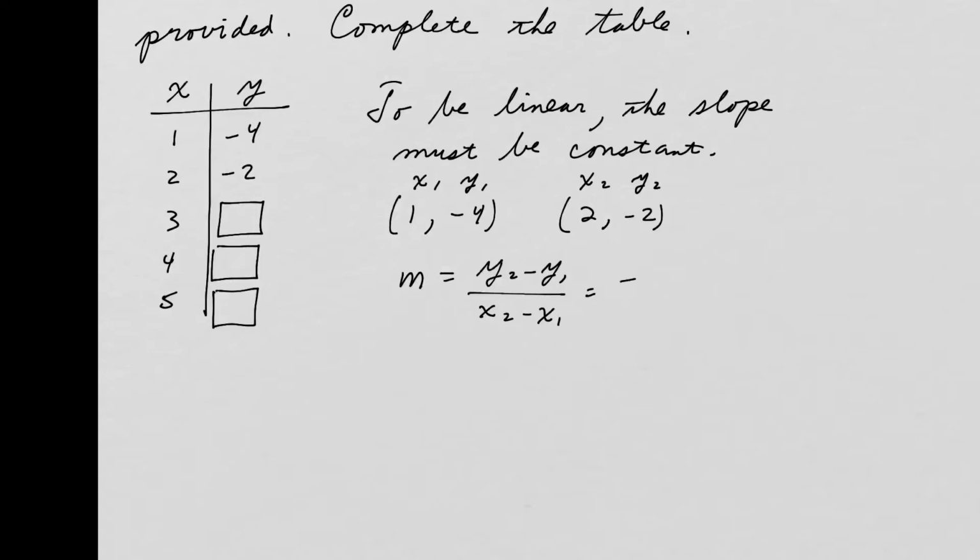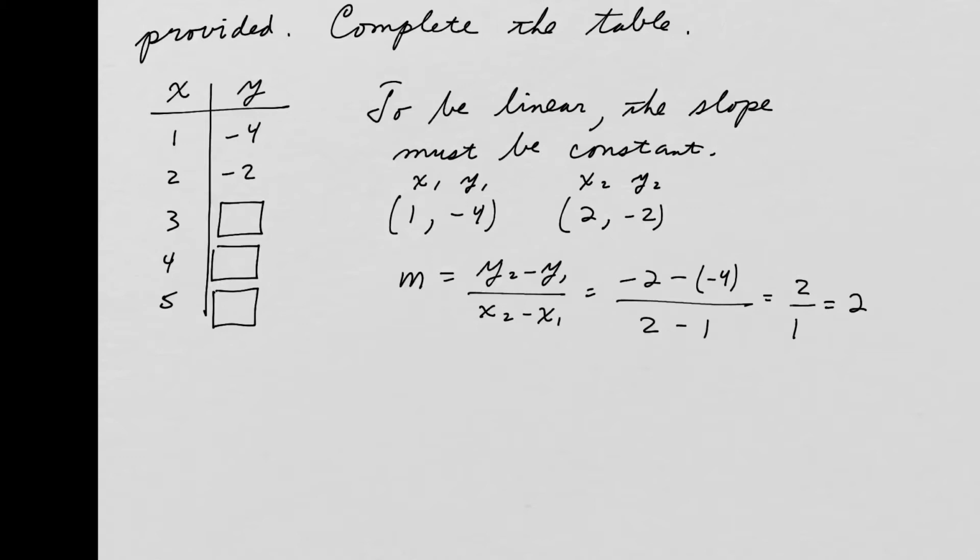So it'll be -2 minus -4 over 2 minus 1. Well, -2 minus -4 is -2 plus 4, which is 2. And then 2 minus 1, of course, is 1. So this is just equal to 2. So the slope is 2.